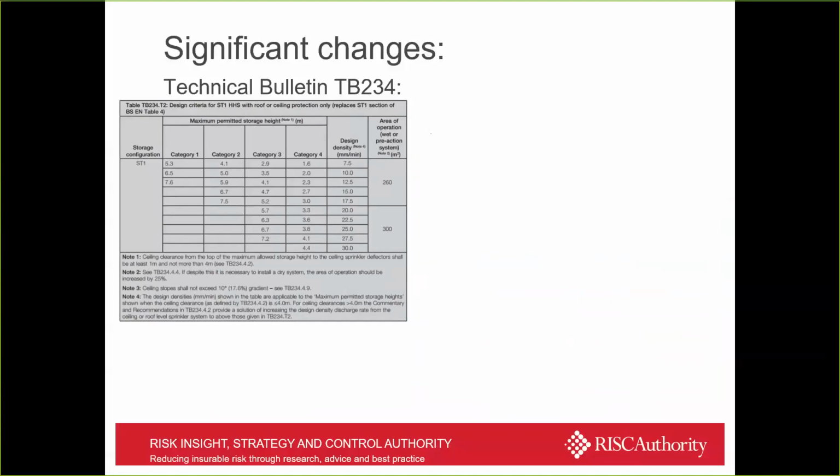So the permissible storage height you've got there would then start at 4.1. That's the permissible storage height. And it's the 4.1 that you would then use to establish whether the ceiling clearance is within the 4 metres or not. So you could go up to 8.1 metres then, using 12.5 millimetres a minute over 260 square metres, and you wouldn't have to increase that if your ceiling height was at 8.1.